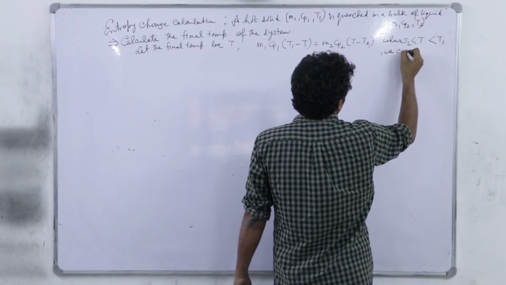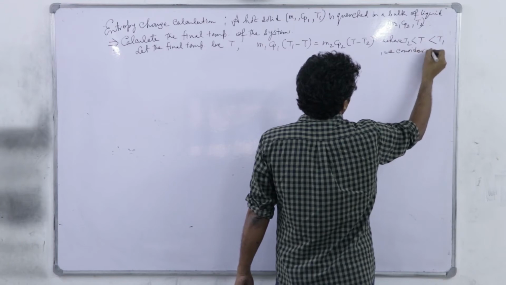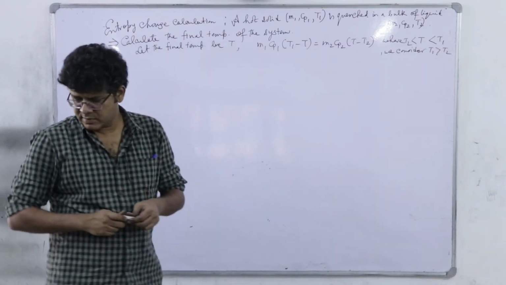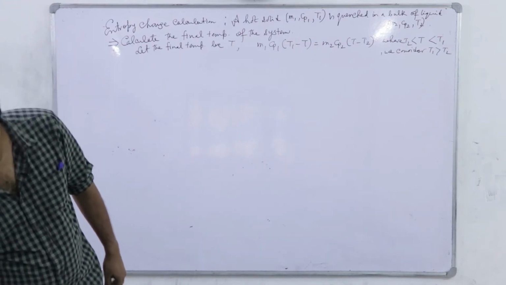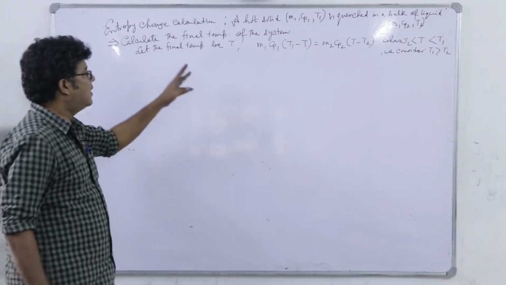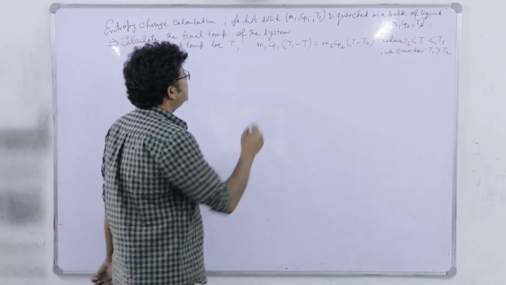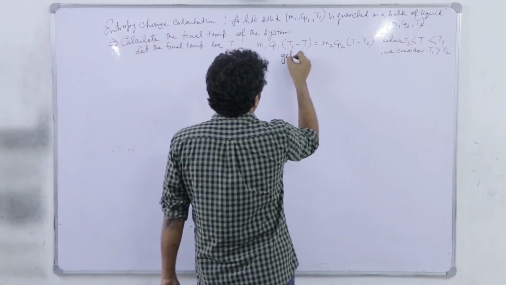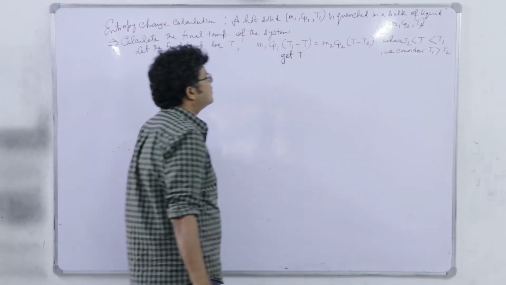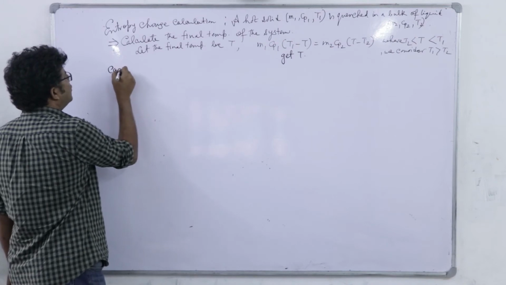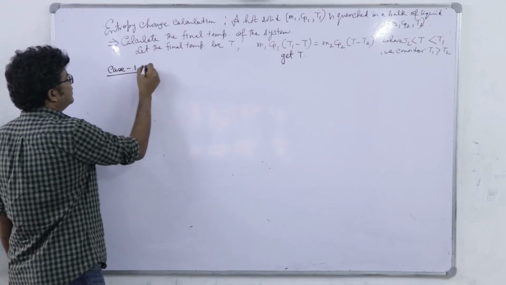We consider T1 is greater than T2, right? So with that, we can solve for T, the final temperature. Now we have to go for different cases.